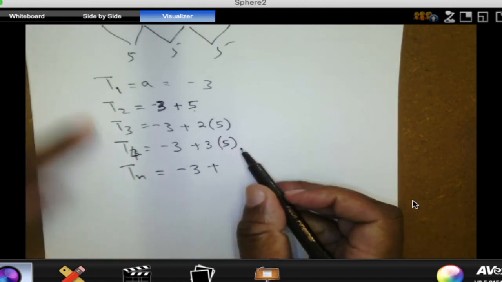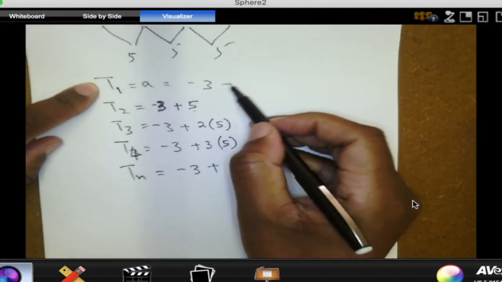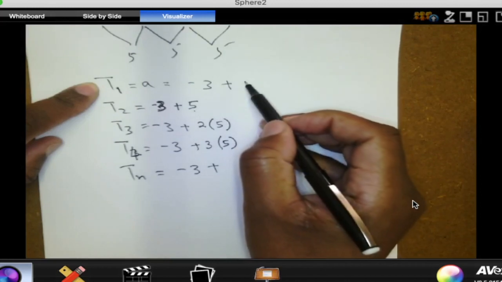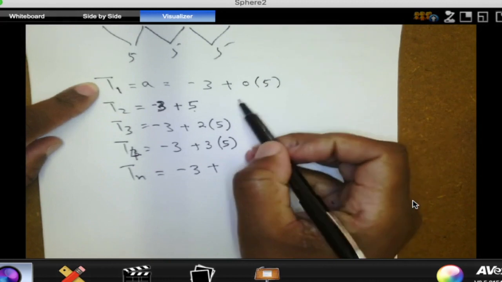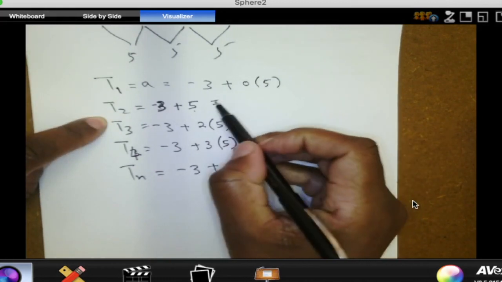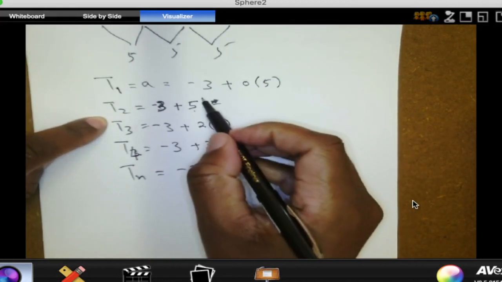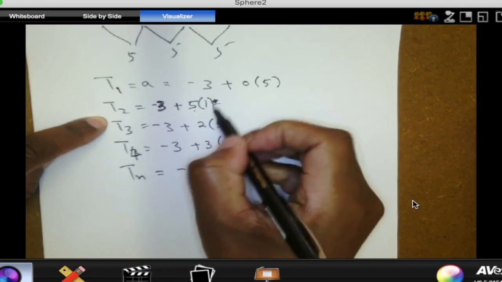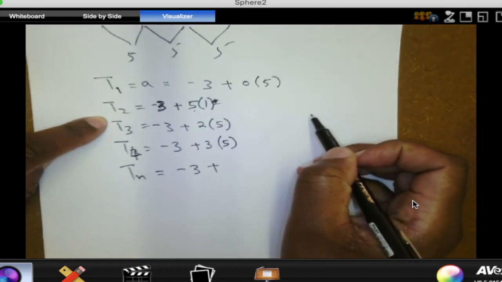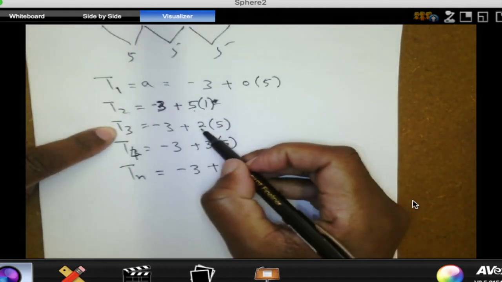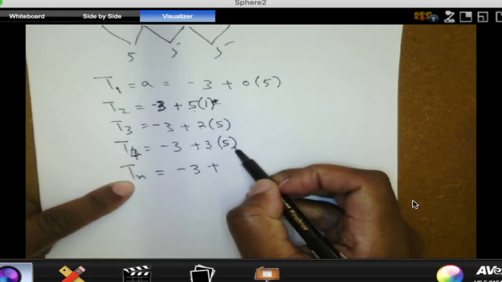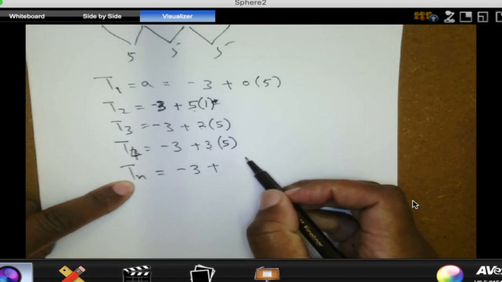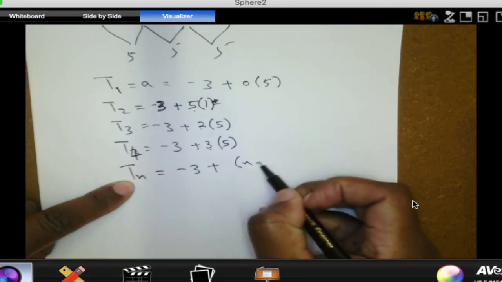If you look up here, for T1, we are actually adding no 5s, right? But for T2, we are adding only a single 5, right? For T3, we are adding 2 of them. For T4, we're adding 3 of them. Therefore, for Tn, how many are we going to add? N minus 1, right?